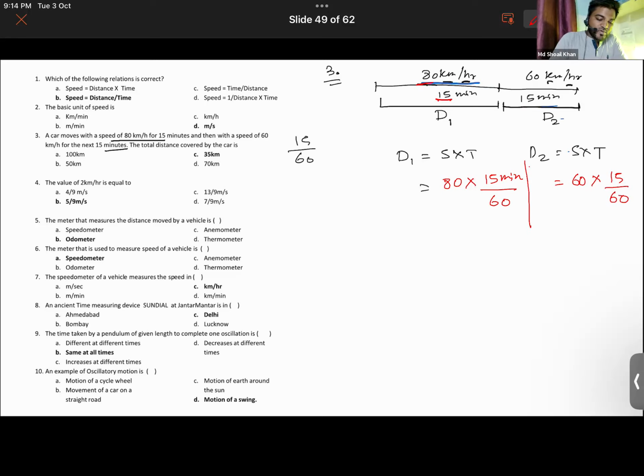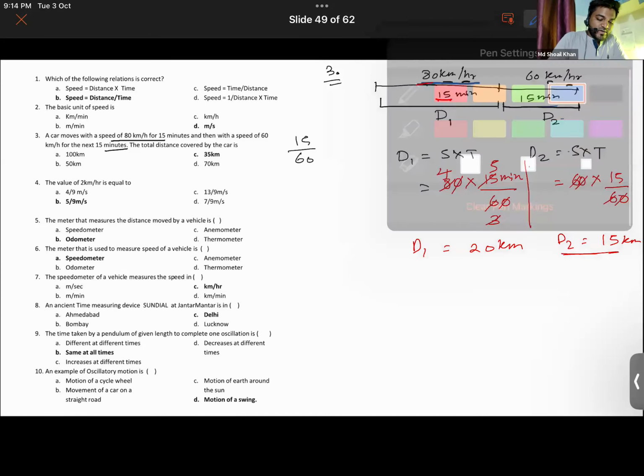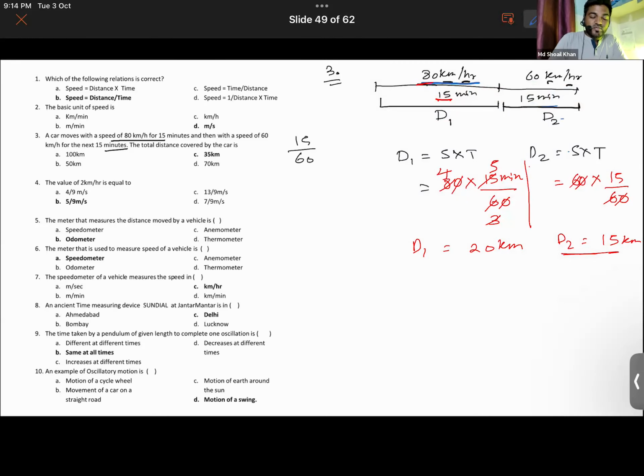So we cancel it out. Here d1 is 20 kilometer, while d2 is 15 kilometer. Thereby the correct answer for the question would be 20 plus 15. We simply add d1 plus d2, so that gives you 35 kilometer as the correct answer.